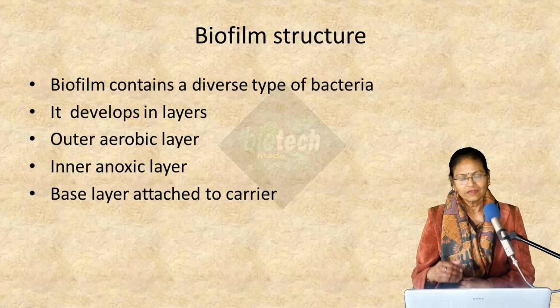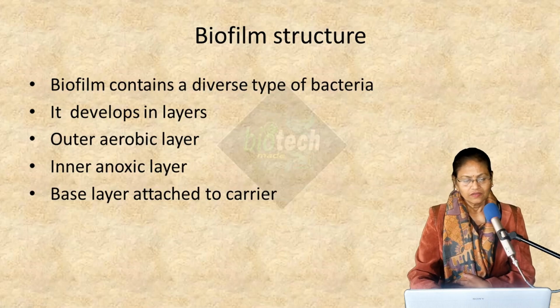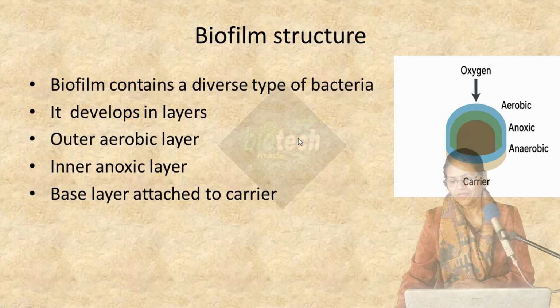So here the microorganisms are going to be anaerobic in nature. This is the structure, this is the diagram. Here you can see the outer one, shown in blue. This is the aerobic layer, which means the microorganisms present here are the nitrifying bacteria, which are aerobic in nature, need oxygen, and oxygen is provided to them.